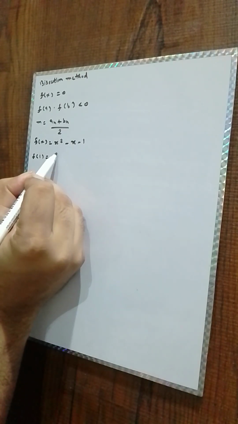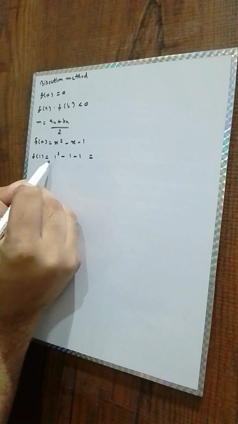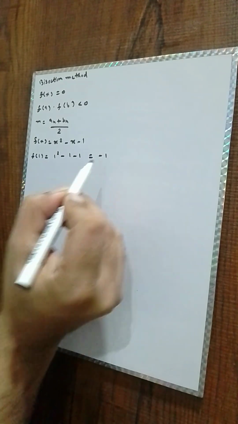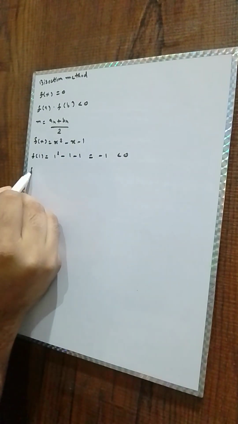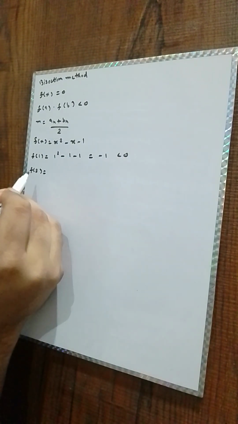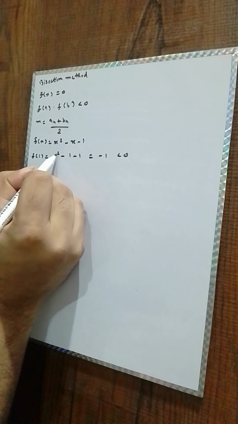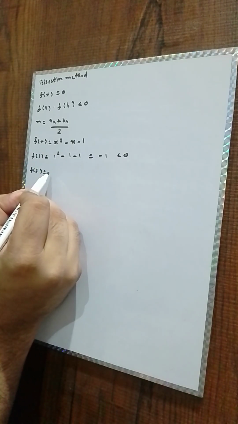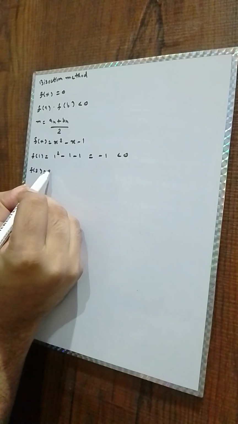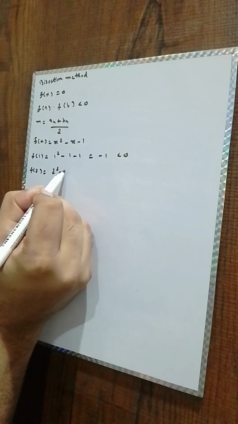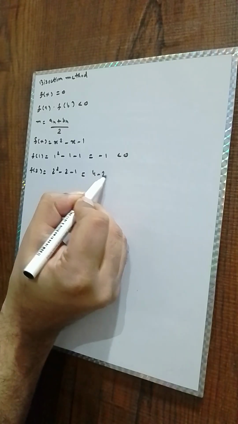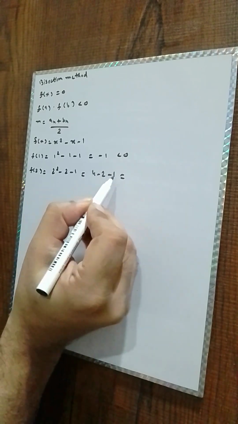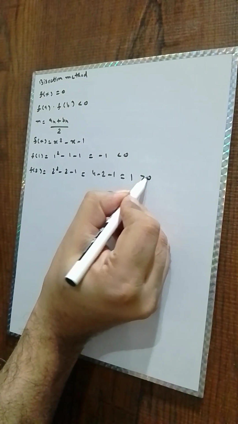Let's say f at 1 is equal to 1 square minus 1 minus 1 is equal to minus 1, which is less than 0, and f at 2, two numeric values which can be put in x. So 2 square minus 2 minus 1 is equal to 4 minus 2 minus 1 is equal to 1, which is greater than 0.